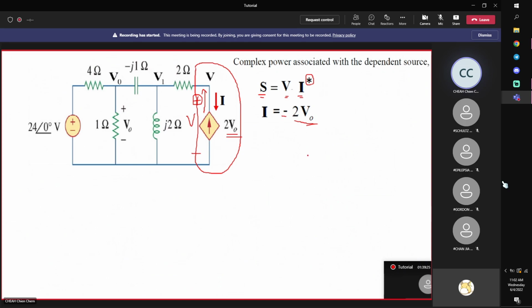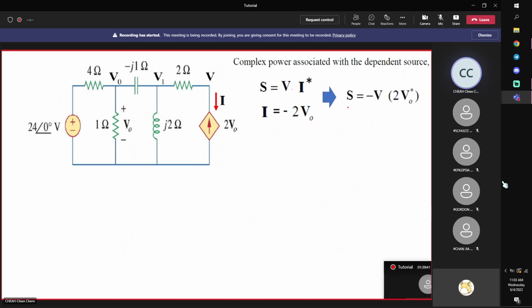Which means that I asterisk is the complex conjugate of negative 2V0, so S is negative V multiplied by negative 2V0 asterisk.